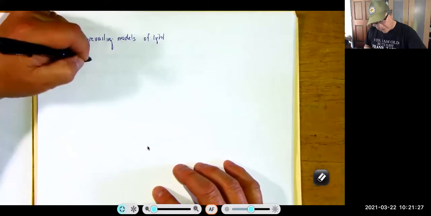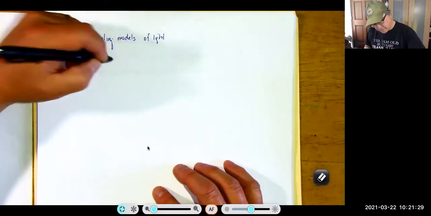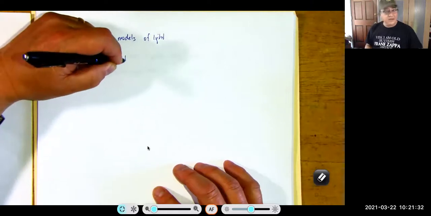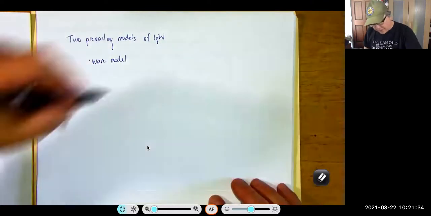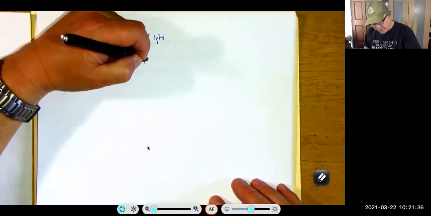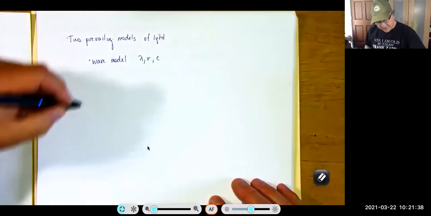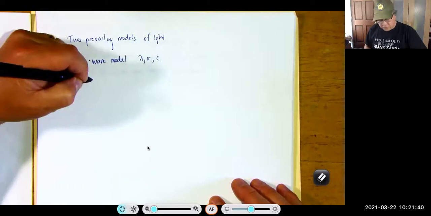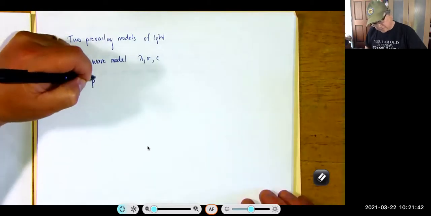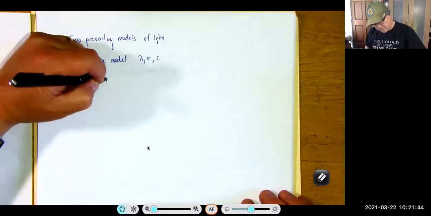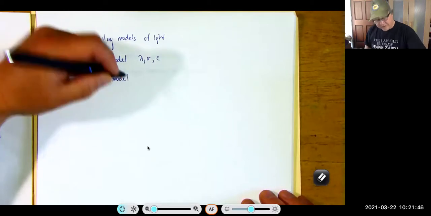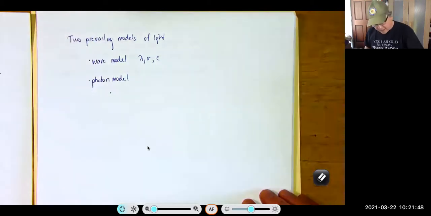One is the wave model. And here we have wavelength, frequency, speed of light. And the other is the photon model. A photon is a massless packet of energy.